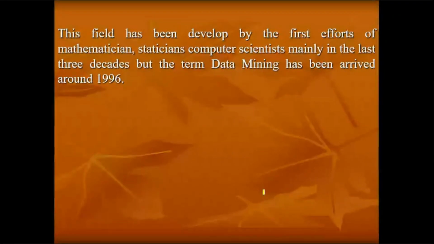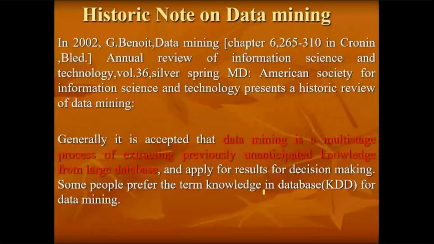In the last 30 years, most mathematicians, statisticians, and no doubt computer scientists have been working closely. In 1996, this was mentioned in a 2002 paper. Its topic is very important, and its beauty we will see further.